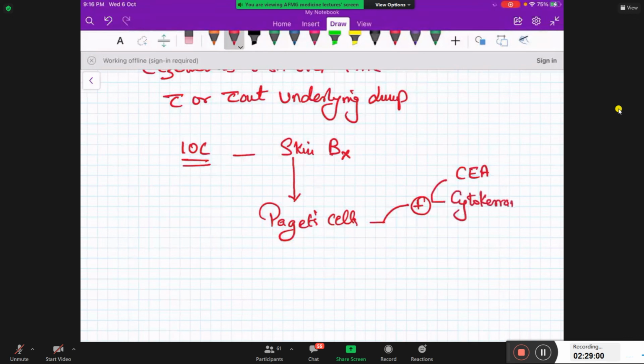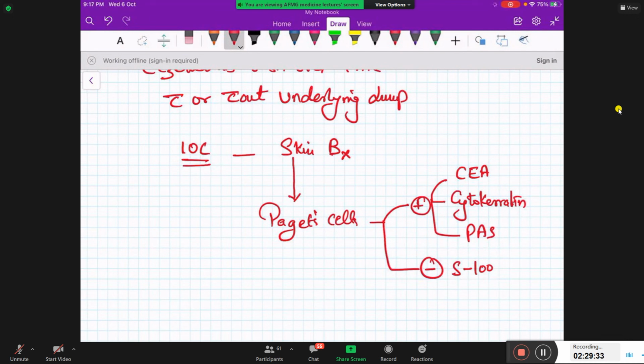In the skin biopsy of a patient of Paget disease, you will find Paget cells which are positive for CEA, cytokeratin, and PAS, but negative for S100.